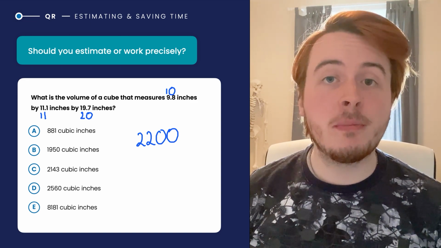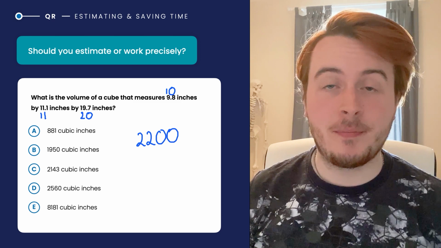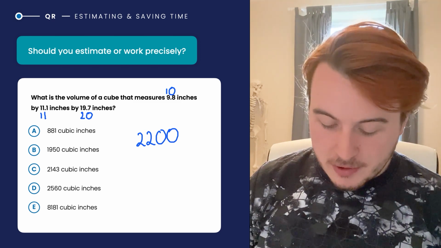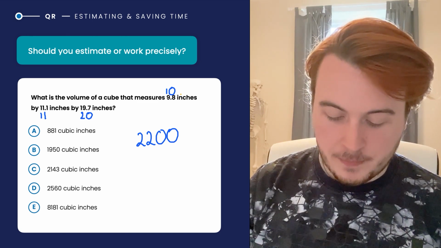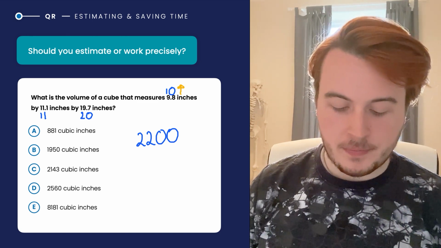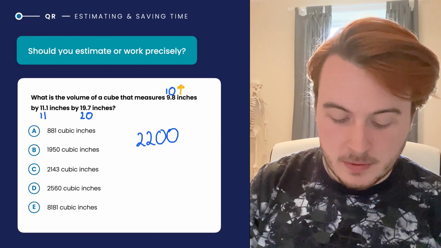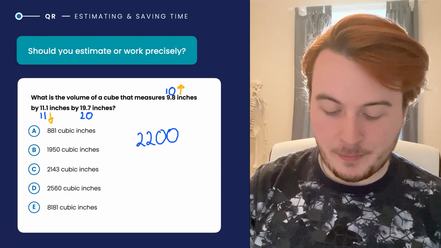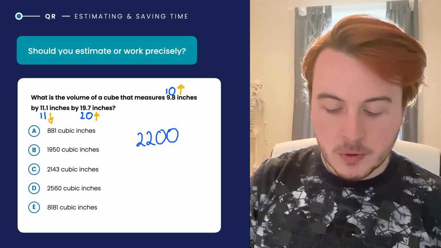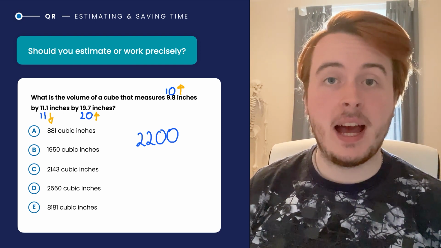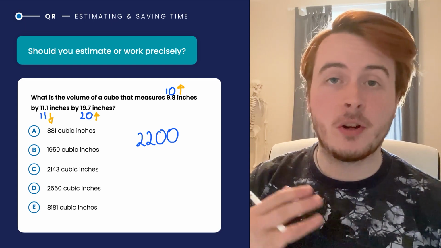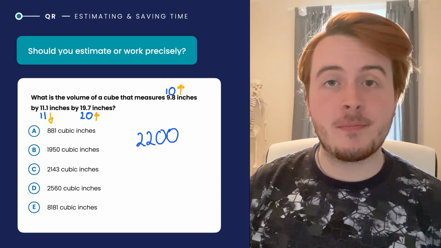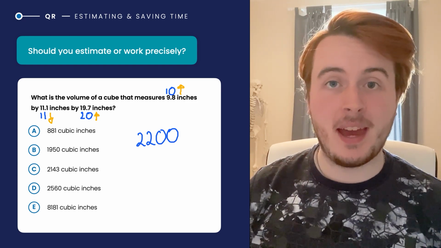But let's talk about the theory behind what we've done. How have we rounded our numbers? We've rounded 9.8 up very slightly, we've rounded 11.1 down ever so slightly, and we've rounded 19.7 up as well. So overall, most of our estimation has been upwards: up times down slightly times up. So our overall answer is going to be higher than we expect.